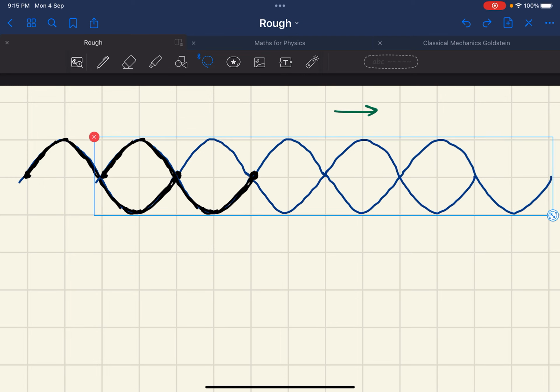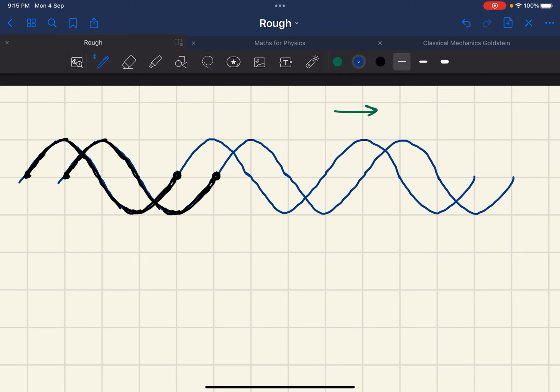Right, so a wavelength is 4 units along. So if you want to move it 1/4 of the way, it's just 1 unit, according to these square grids. So these two waves are a quarter cycle, or pi over 2 radians out of phase.